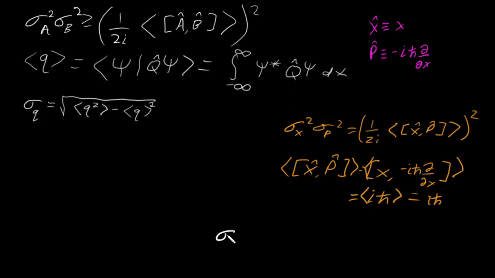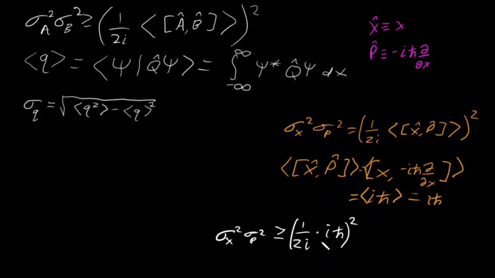And so, putting this into the uncertainty principle, we get that sigma x squared, sigma p squared, is greater than or equal to 1 over 2i times i h bar, squared.